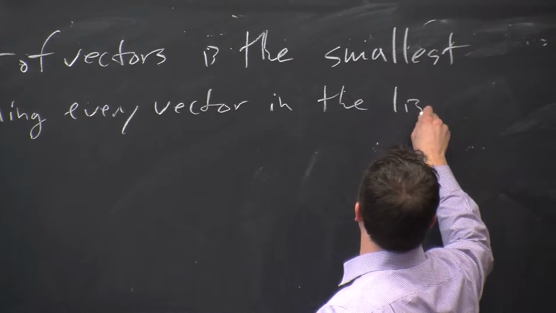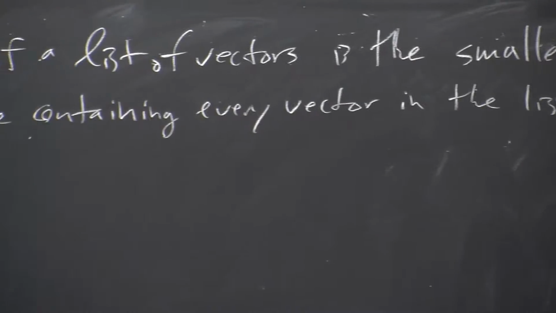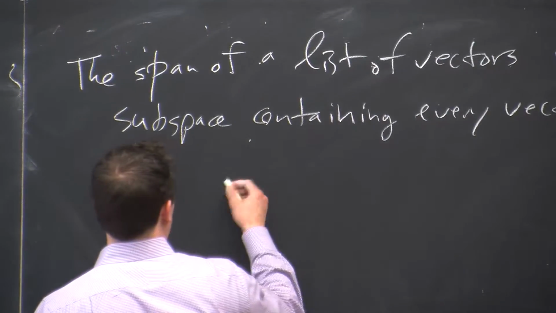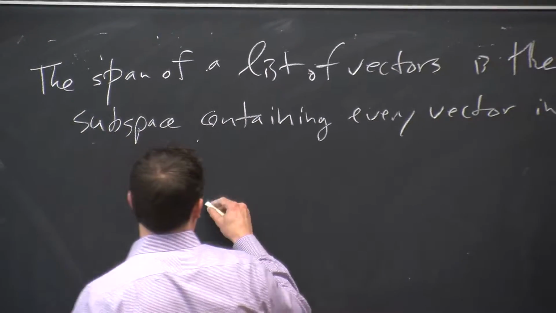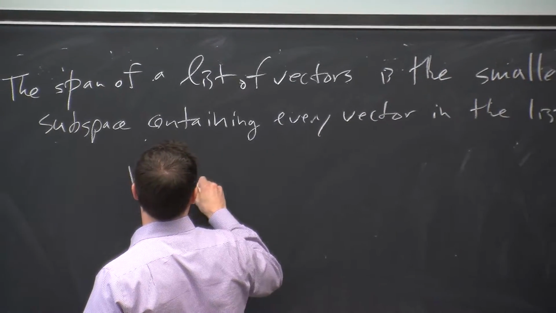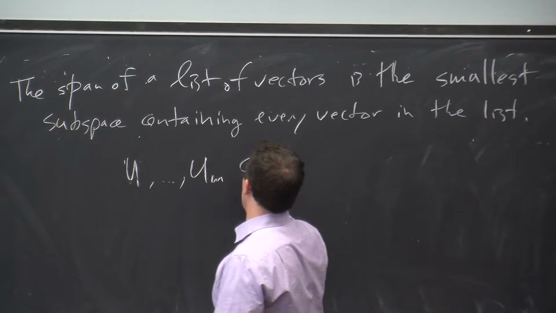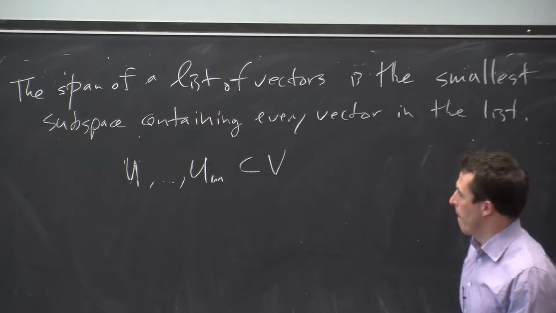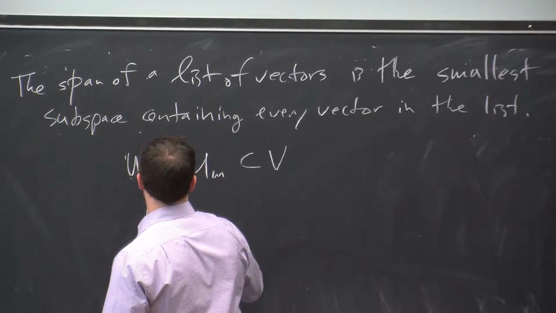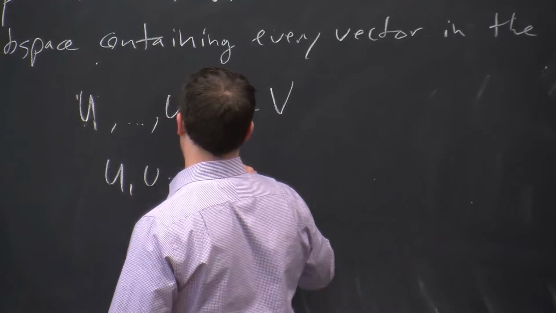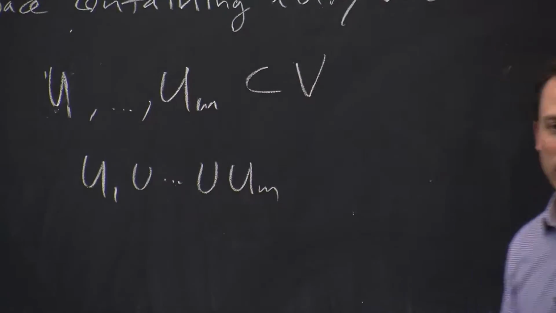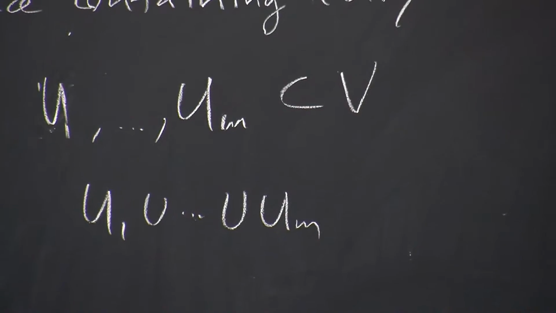Okay, so we already saw that if I have a bunch of subspaces, U1 up to UM, subspaces of V, the concept of union is not the right concept. I could take the union of all these spaces, but then I won't get a vector space.